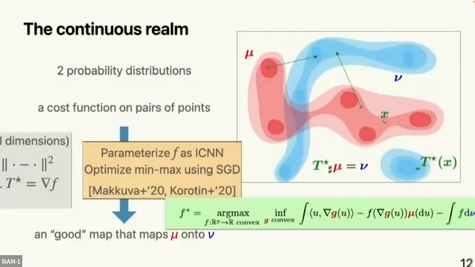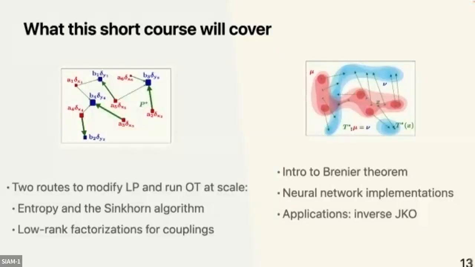This was basically trying to illustrate the notion of the action of a map T on the measure. Okay, so to summarize, what I will cover in this short course is two routes to modify the LP problem and run optimal transport at scale.